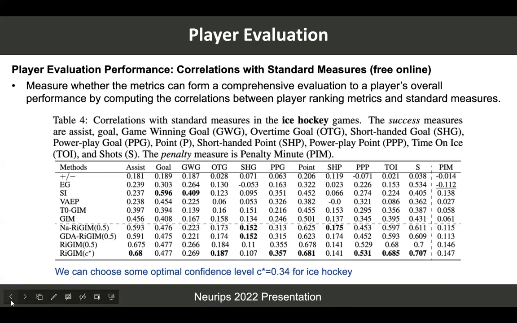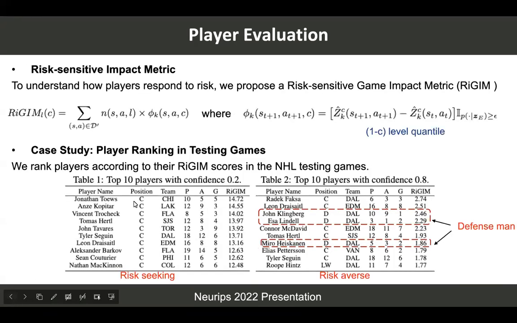And also one other advantage is, I'm not very familiar with soccer actually, but in ice hockey the players have different positions. One position is called defensive players, and one is called offensive players. So it's very natural that those players have very different strategies.